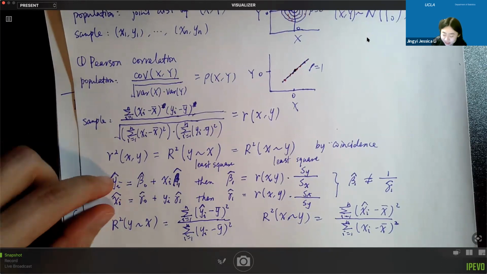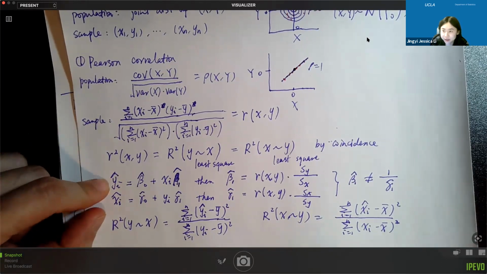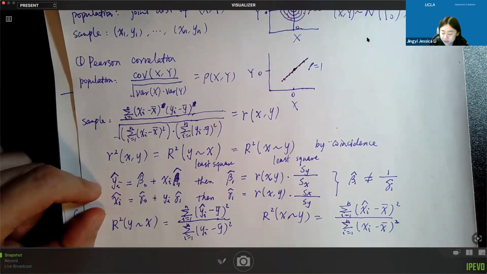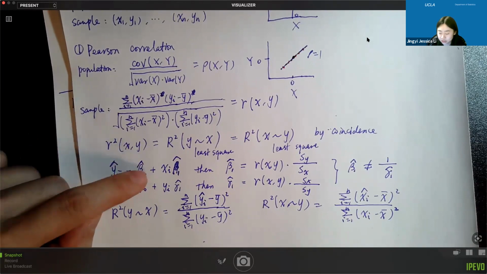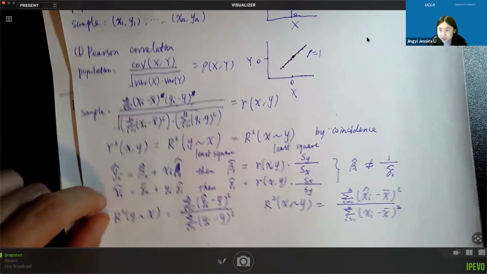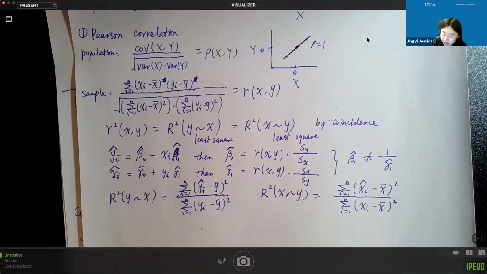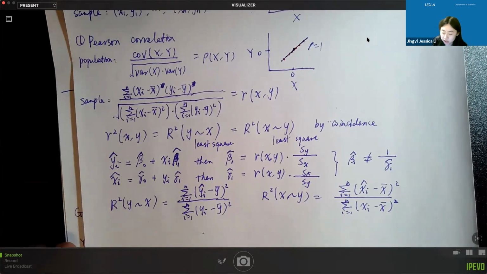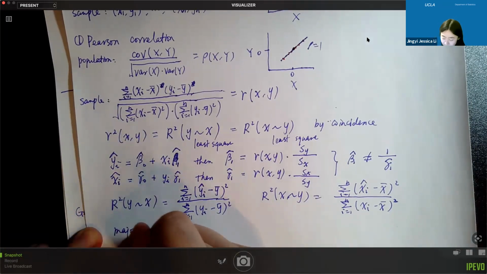Just as a side note, motivated by the fact that the least square line is not symmetric between x and y, which means that which variable is chosen as the predictor and which as the response will give you different lines, people have proposed an alternative to least square regression, called major axis regression.